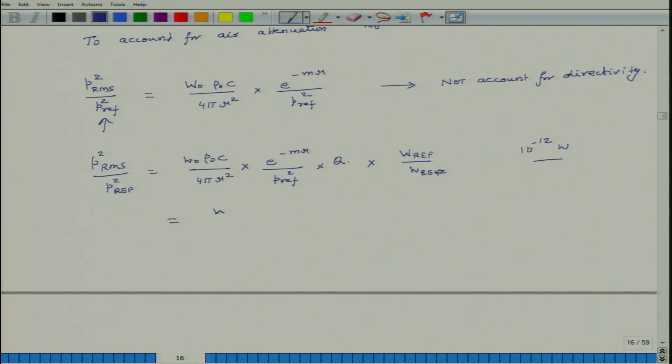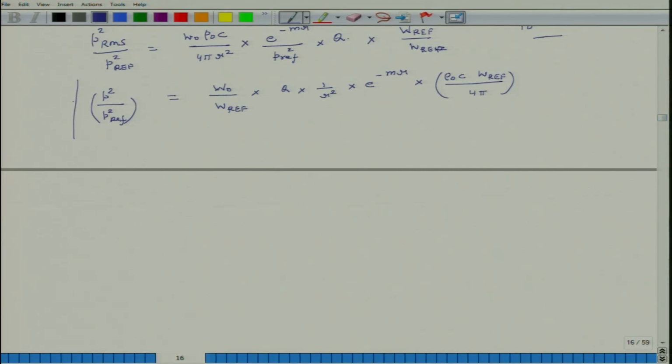I call it W naught by W ref times Q times 1 over r square times e to the power of minus mr, times W ref rho naught C divided by 4 pi, in parenthesis. So, this is P square by P square ref.